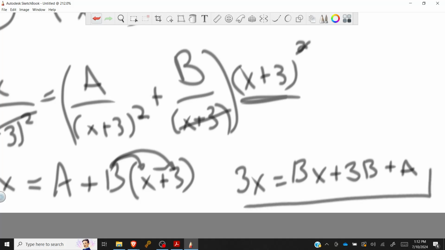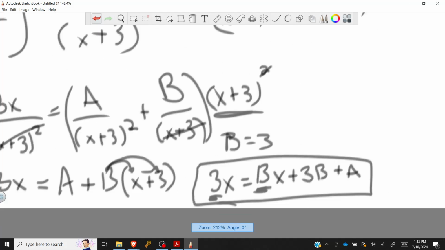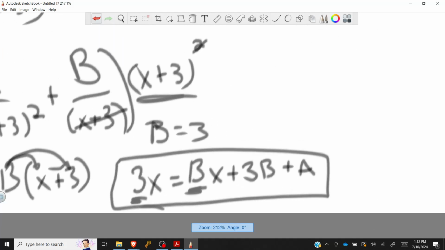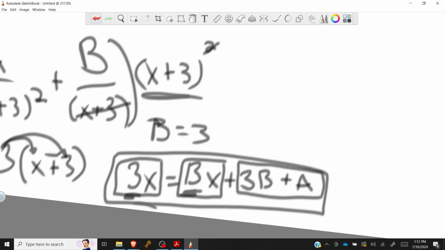So these things have to be equal to each other. That's what we've found out. So from this, you can easily tell that b is going to be equal to 3. So b equals 3. And now we need to solve for a. So this part is going to be your x part, and this part is going to be your constant.